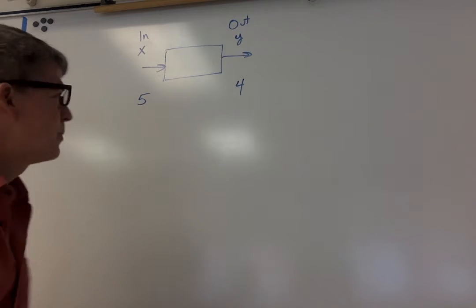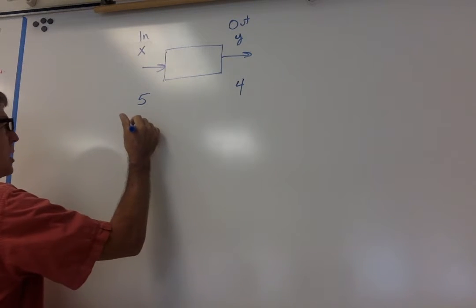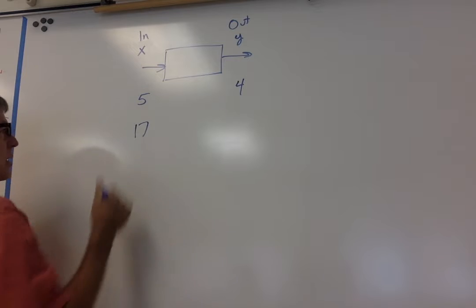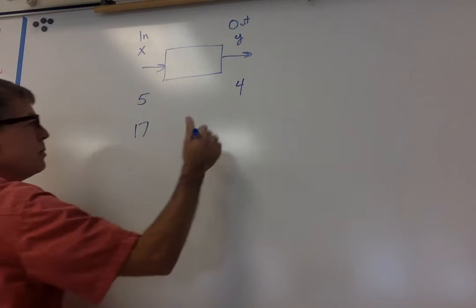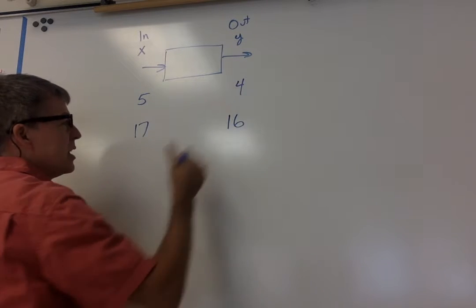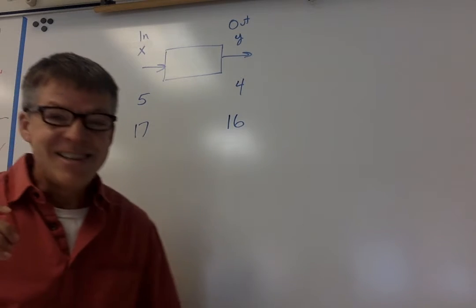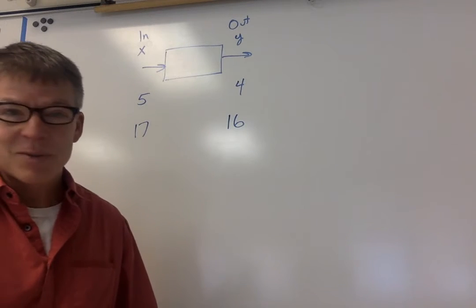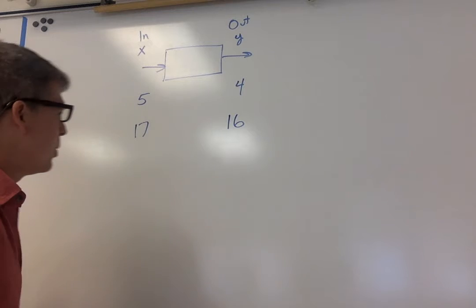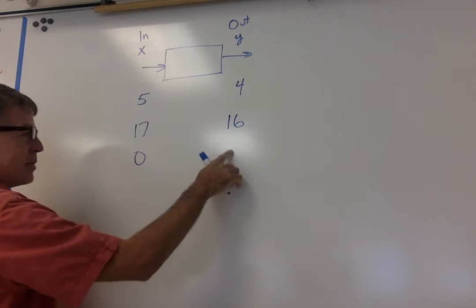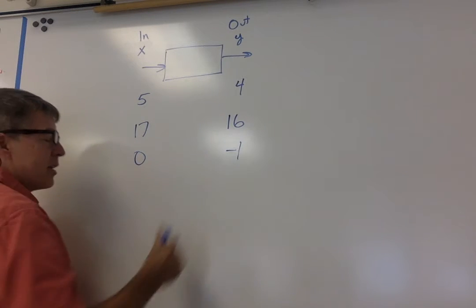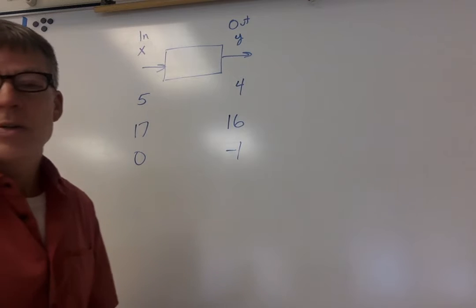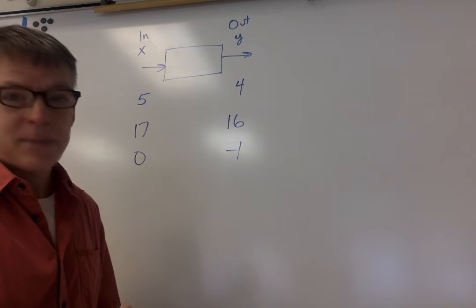Well, I'll give you more data. Let's say that I put in a 17. This function turns it into a 16. Were you right? You probably were right. Let me just give you one more. If I put in a 0, can you guess what happens here? -1, right?